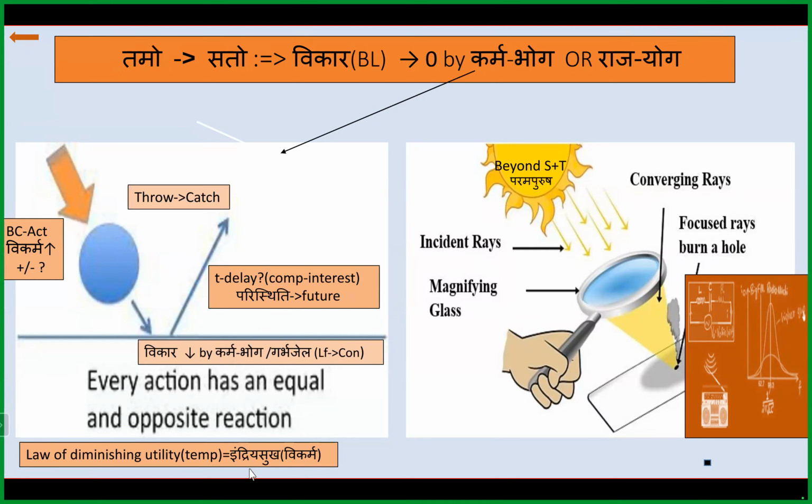There is a misery, and so one way of reducing vikar is that you have to endure the misery, in either karma bhog or garbha jail or sickness or whatever it is. It can be many factors. It can be a problem of money and all those things. So this is the concept of how by karma bhog, vikar can become zero.